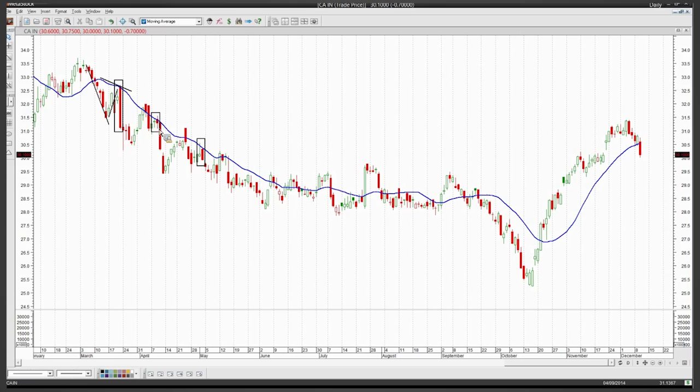And here, about a week and a half later, we had another situation where the stock dropped, pulled back, and we got another engulfing pattern. So to review the rules for the bearish engulfing setup, remember that for the setup, you're not interested in the tails or the wicks of the candles. You're only looking at the body.